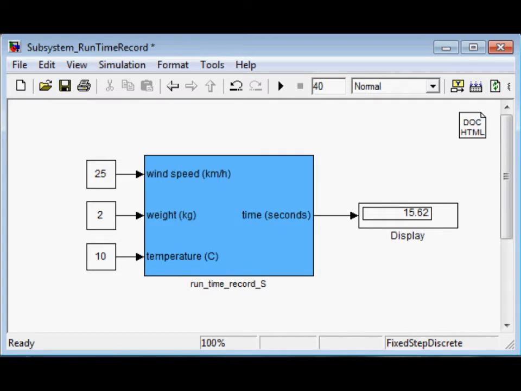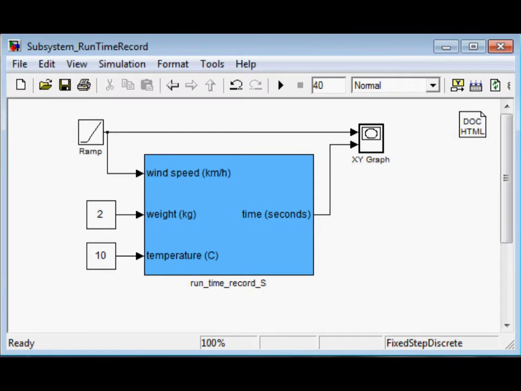I can now vary the wind factor and generate an XY graph. I add a ramp signal which varies the wind speed from 0 to 40 and run the simulation.